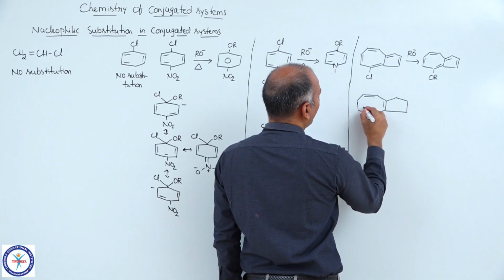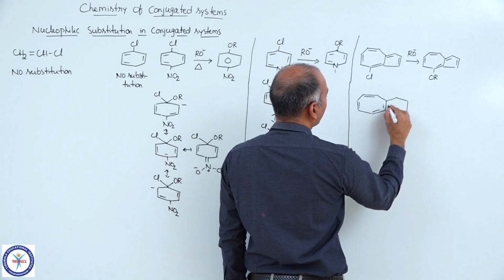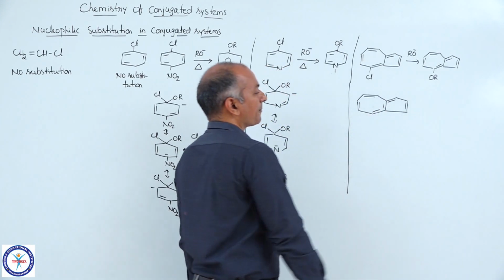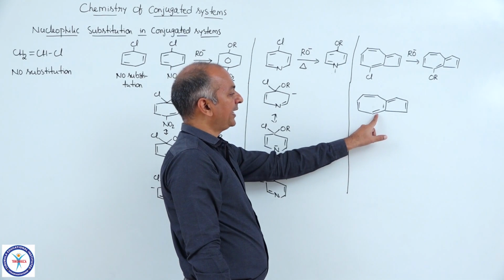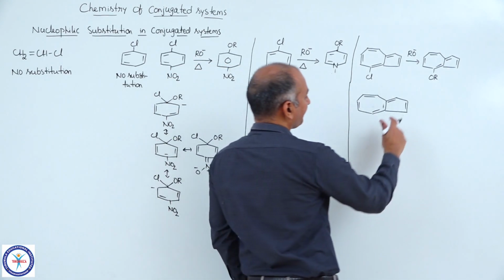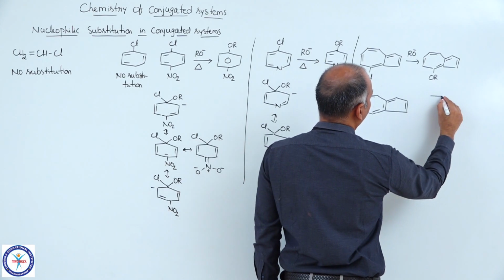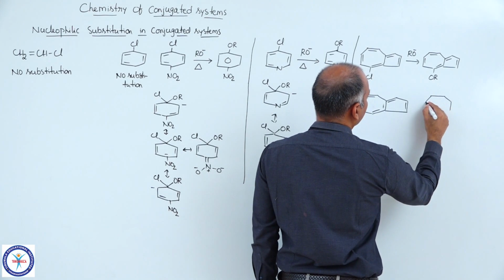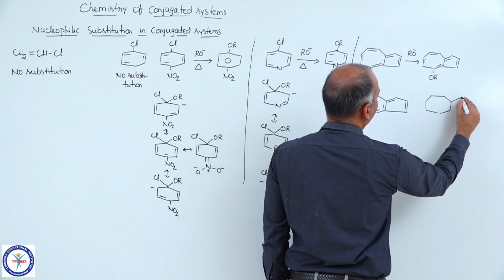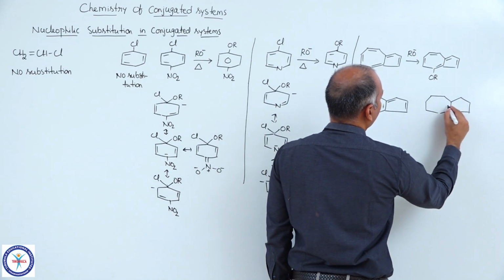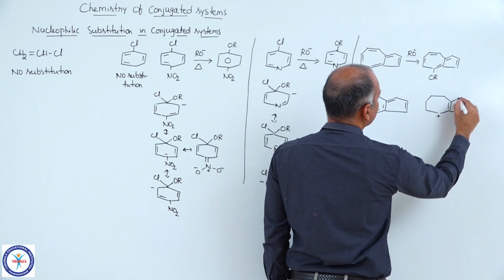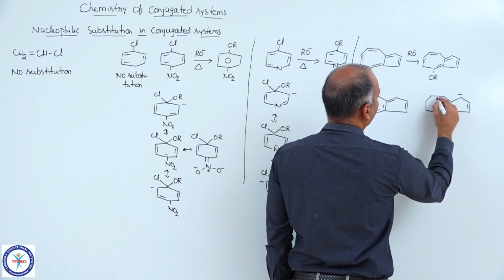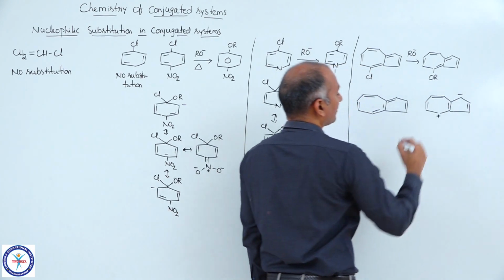Double bond here, double bond, and here double bond, here double bond. Now let me break this double bond, and I can write down one resonating structure after breaking that particular bond: double bond, plus, negative, double bond, double bond, double bond.